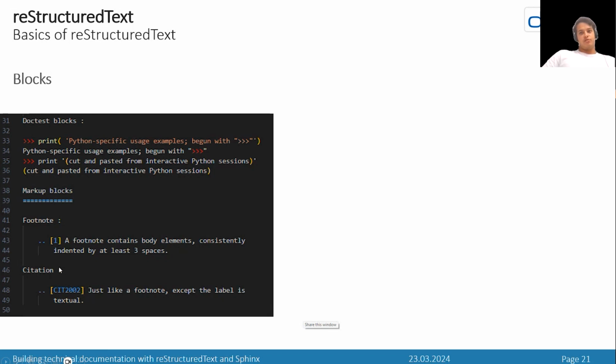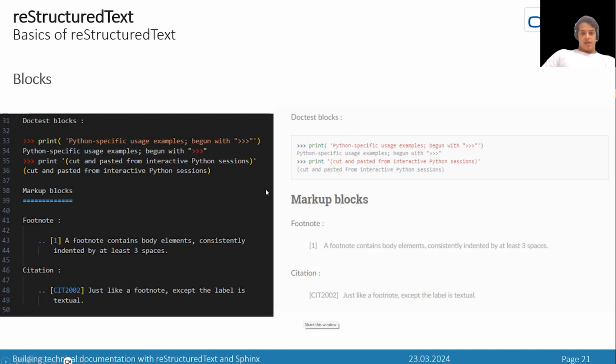Those are used to provide additional information or references related to the main content. For those, we need to use a specific kind of directive, which looks like this. And it's displayed like that. You can see that the doctest block is shown in a specific way, just as if I were in an interpreter. And the footnotes and citations appear like that. And I can reference them somewhere else in my documentation.